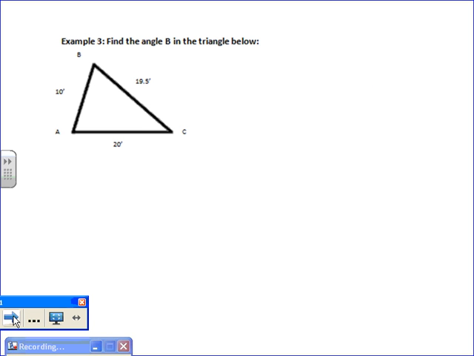And actually, this is a triangle ABC, but that's okay. This is a side-side-side relationship that I have, so I don't have any angles at all. Which means whenever I have side-side-side, I have to use cosine law. I cannot use sine law here without any angles. And let's find angle B. So we're looking for this one right here.